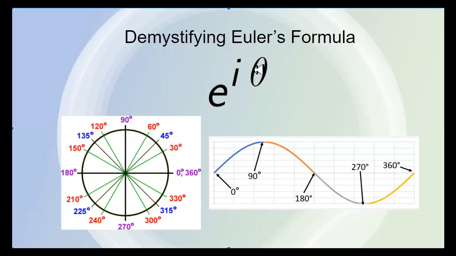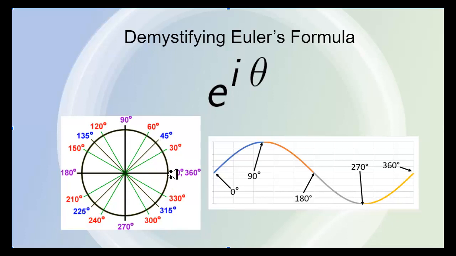So theta can either be an angle on a circle, so 0 degrees, 90 degrees, 180, 270, back to 360, or, so that's one cycle, or theta can be a phase in a wave. 0, 90, 180, 270, 360, and of course when you get to 360 you have one complete cycle.